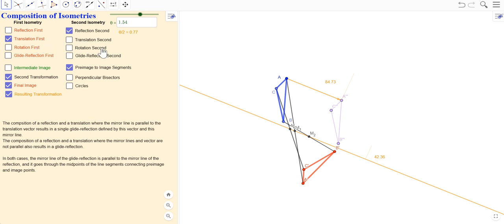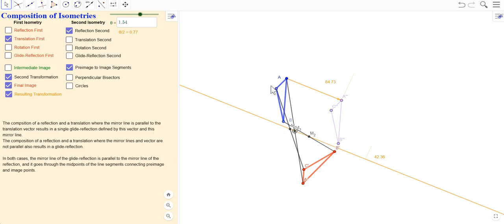Okay. So let's take a look at this in a little bit more detail. Notice that the mirror line for the glide reflection contains the midpoints of these line segments connecting pre-image to image. This line segment has its midpoint here, same for the other points.